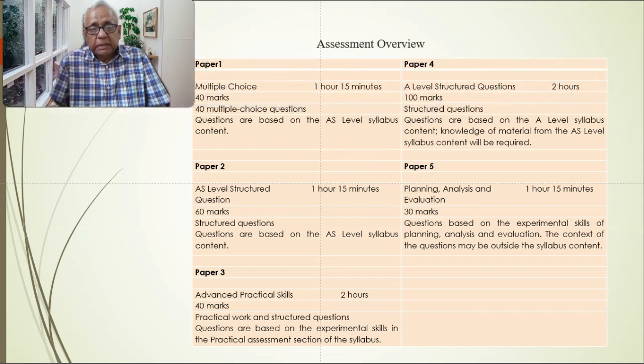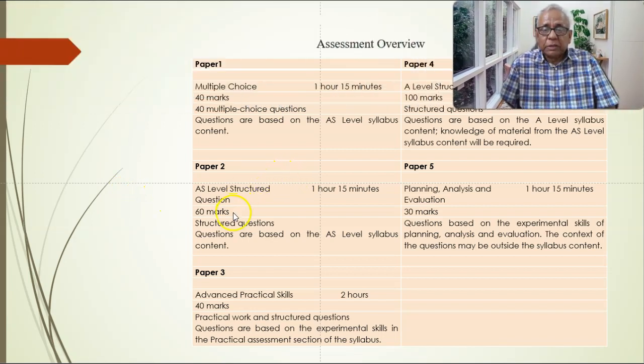The first paper exam time is 1 hour 15 minutes, 40 marks, 40 multiple choice questions, and questions are based on AS level syllabus. In the second paper, time is also 1 hour 15 minutes and 60 marks, structured questions based on AS level syllabus content.